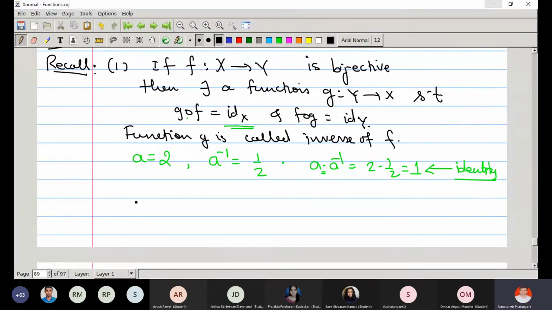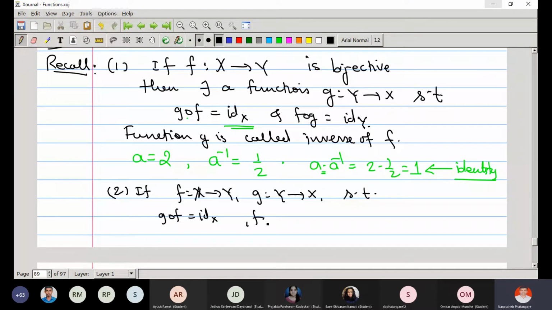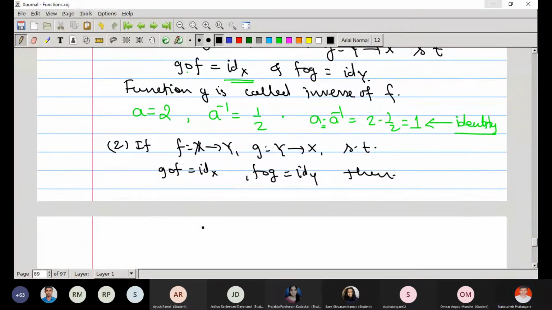Okay, also we saw one more thing. If f is from X to Y and g is from Y to X, such that g composite f is identity on X and f composite g is identity on Y, then what happens?